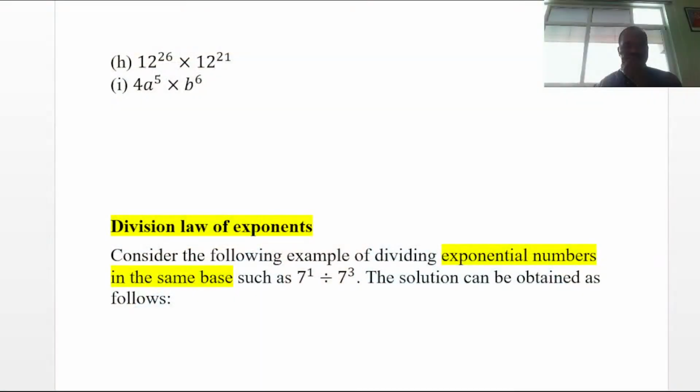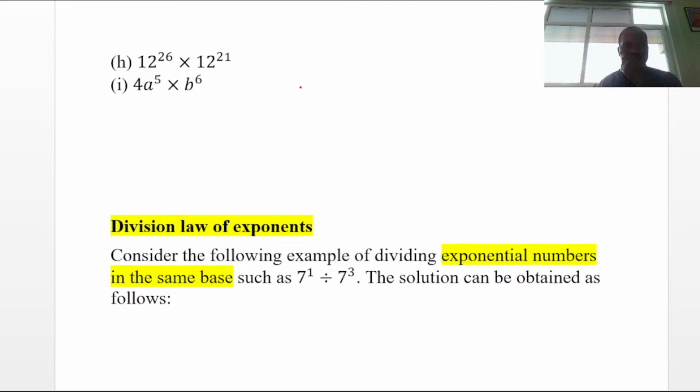So we're going to dive into today's part. In the previous sessions, our discussion was on laws of exponents. And one of the parts we have already discussed is the product rule.